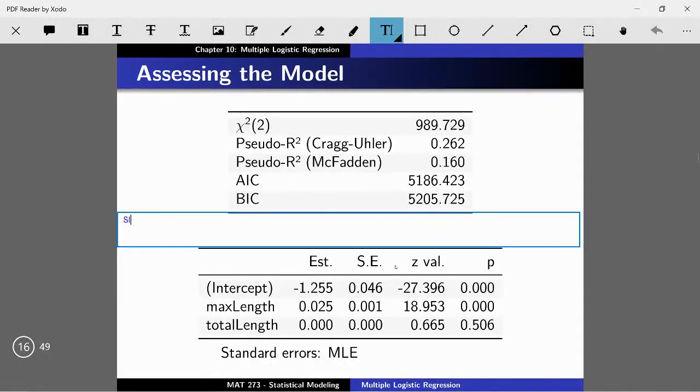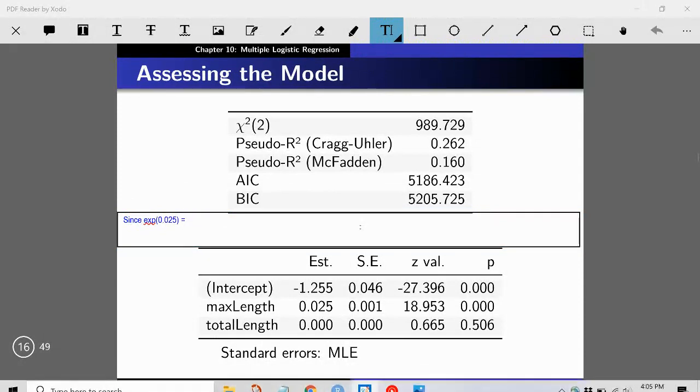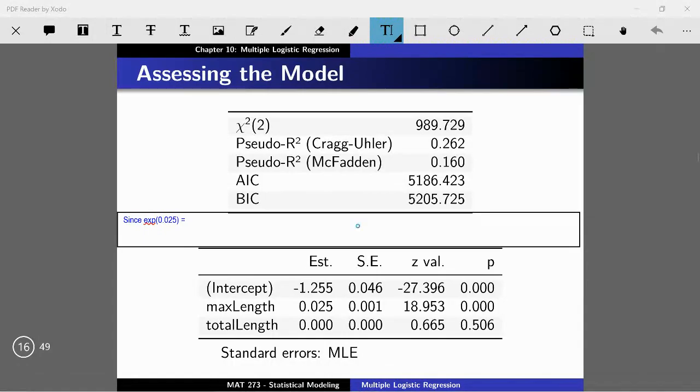So let's interpret the coefficient for max length here. Since e to the power of the coefficient, you have to calculate what this is here. All right, I'm going to open up R to calculate what this is.